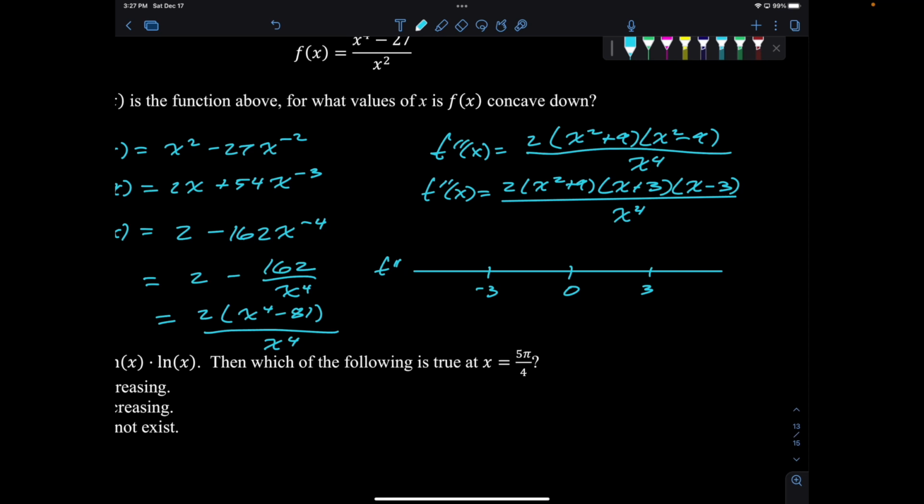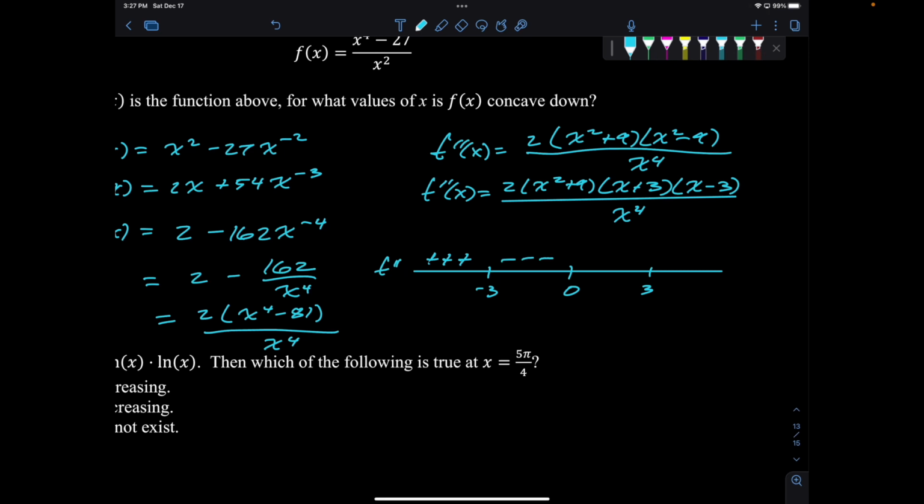If I plug in negative a billion, I get negative, negative, so positive. This is going to do the same thing as a quadratic, basically. If I plug in -1, this is always positive, positive, negative, positive. Only one negative, so negative, as expected.